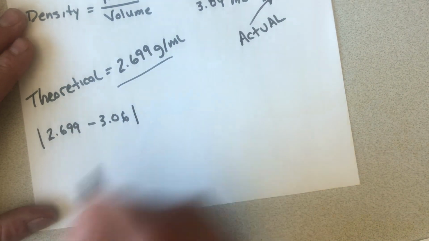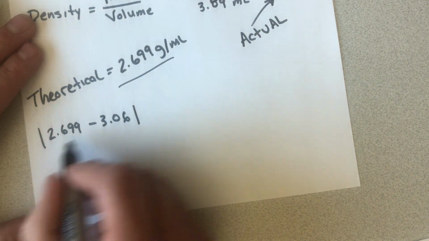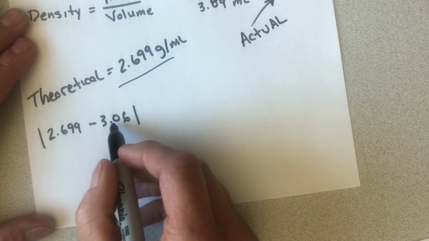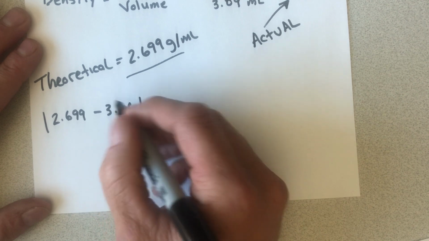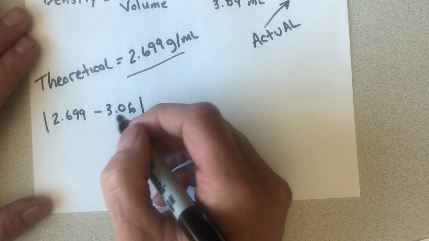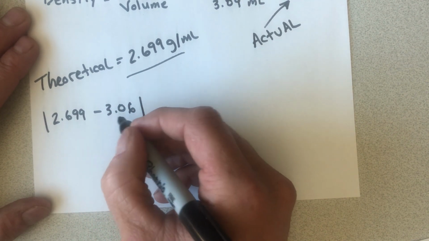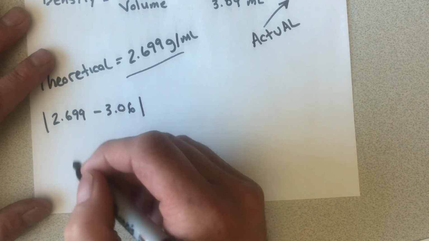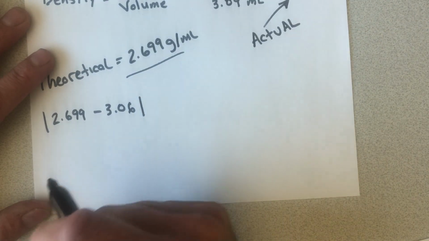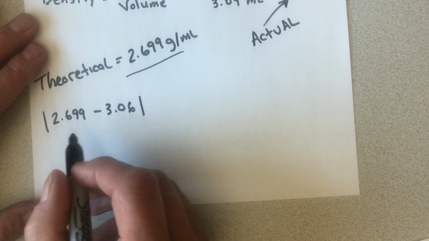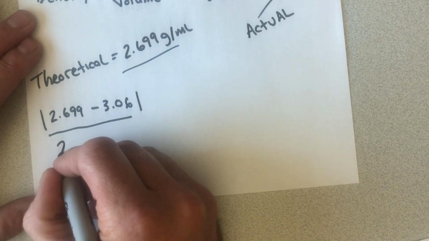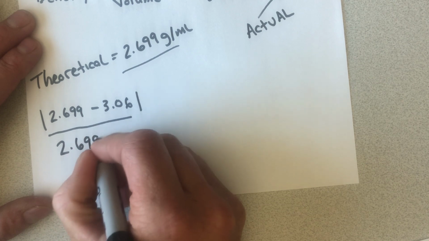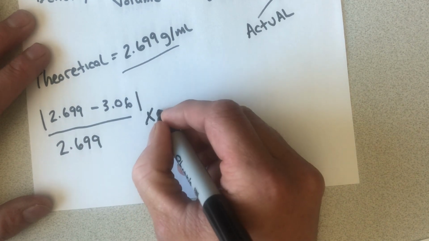And we're going to take the absolute value of that number because whenever you subtract a bigger number from a smaller number, you're going to get a negative. I actually would suggest that when you're typing this into your calculator, just put the bigger number in first, and then you don't have to change anything from a negative to a positive. But that's up to you. And then we're going to divide that difference by the theoretical 2.699, and then we're going to multiply that by 100.